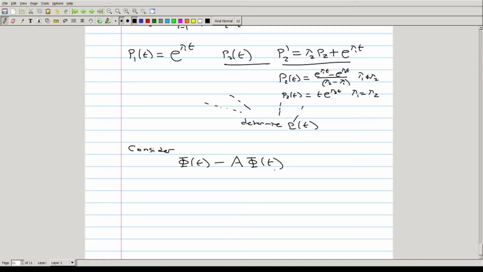If we can show that this is equal to the zero matrix, then we've shown that phi satisfies this differential equation and is thus equivalent to the matrix exponential of the matrix A.